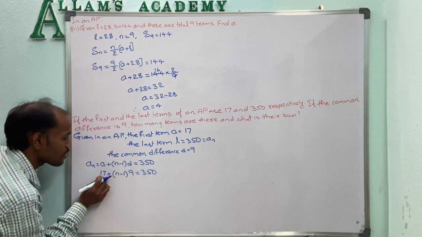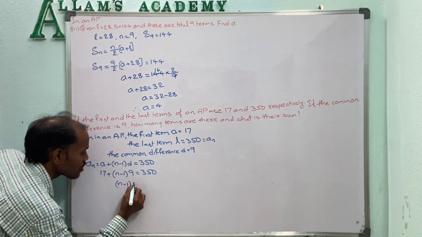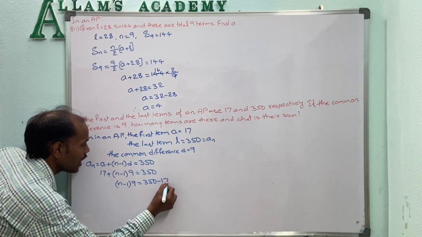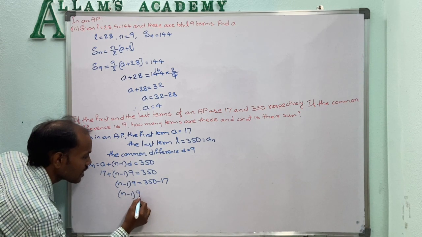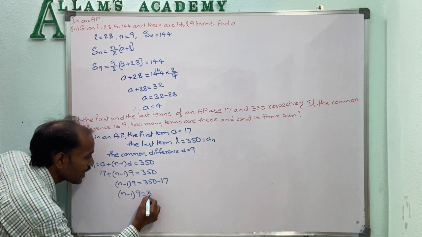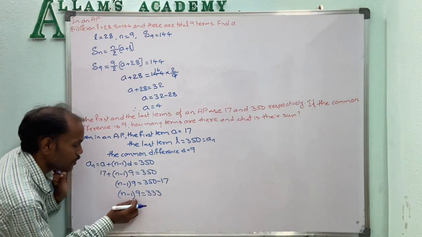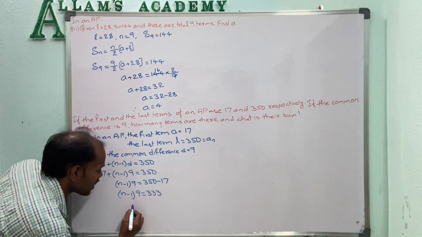is equal to 350. Now this plus 17 transfers to the other side as minus 17. So (n minus 1) into 9 is equal to 350 minus 17, and 350 minus 17 is 333. Now the multiplication transfers to the RHS as division.